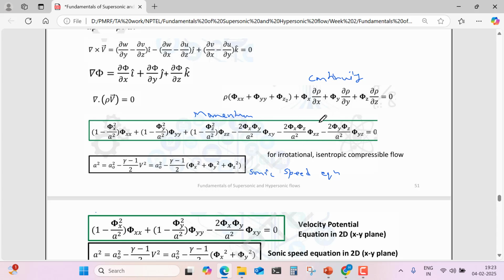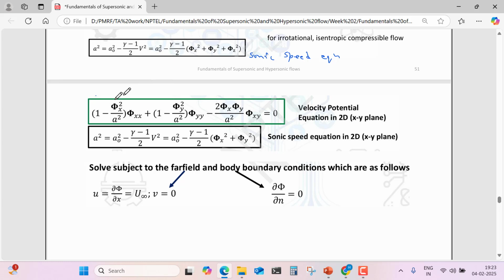If we write this equation in 2D, we get an equation like this: (1 − φx²/a²) φxx + (1 − φy²/a²) φyy − 2 φx φy/a² φxy equal to 0.